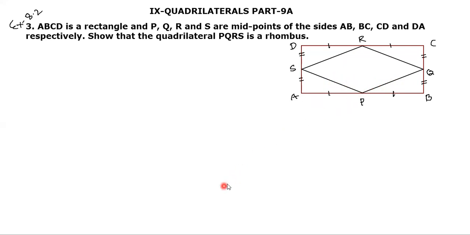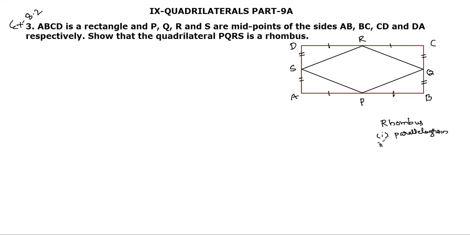So just remember, for proving that a given figure is a rhombus, in general we have to show first that it is a parallelogram. When it is a parallelogram, that means opposite sides are parallel and equal. Now we have to show that all sides are equal.